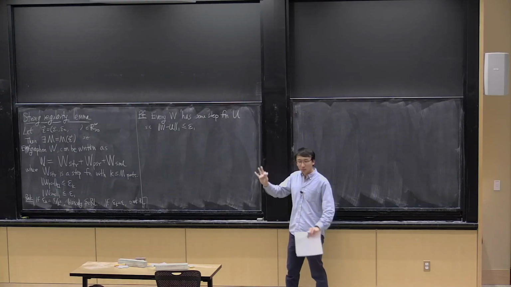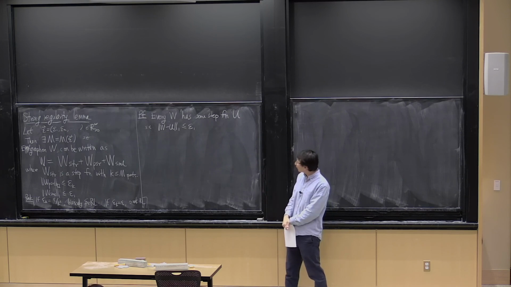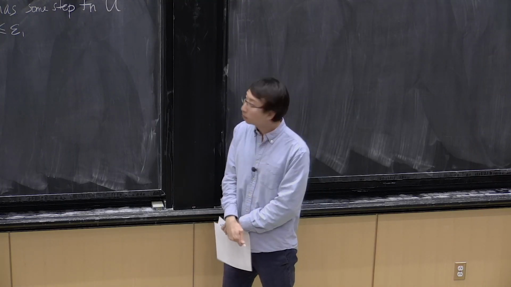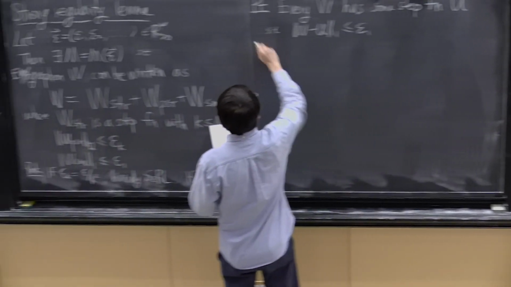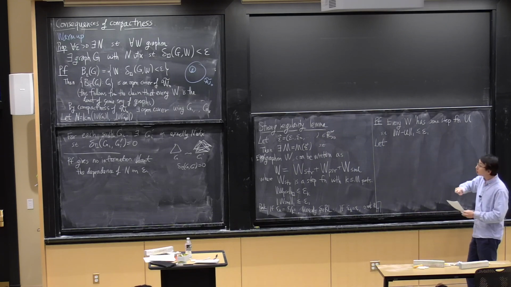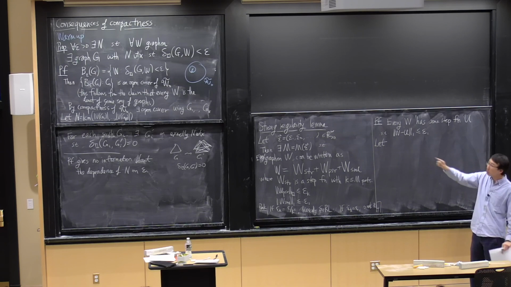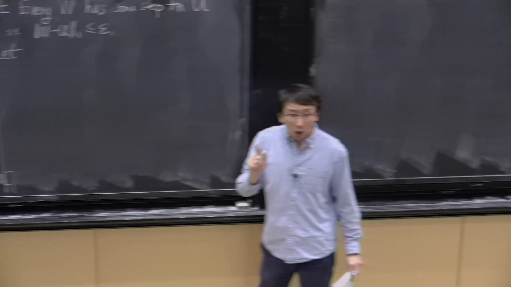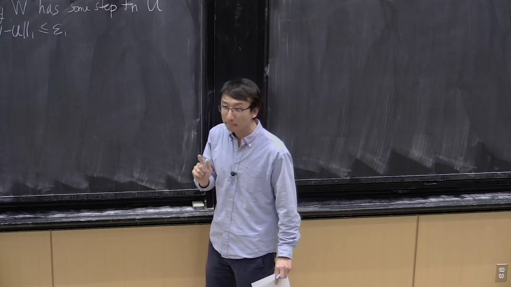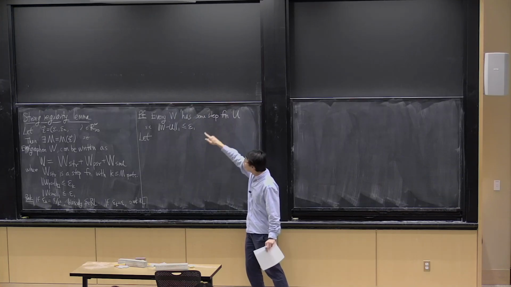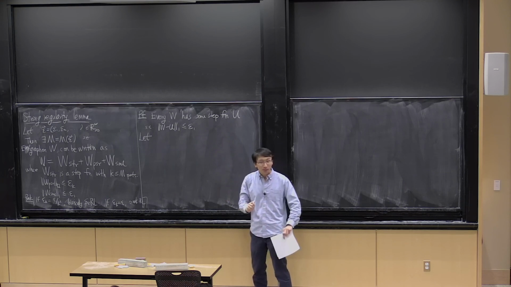So again, this is one of these more measure-theoretic technicalities I don't want to get into, but it's not hard to prove. Roughly speaking, you have some function, you can approximate it using steps. And similar to what we did just now, if you just do that, the number of steps might not be a function of epsilon. So you might need many more steps if your W looks more pathological.